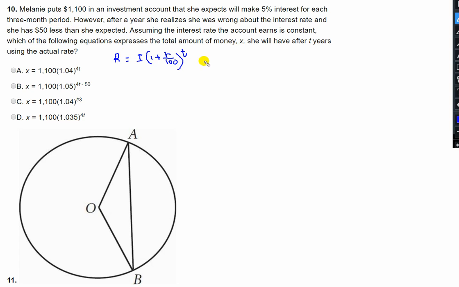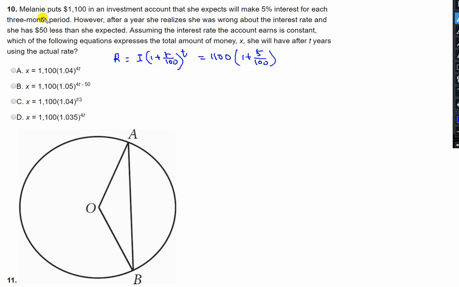Okay, now let's make the calculation based on 5% after 1 year. So this should be equal to the investment, 1100, times 1 plus 5 over 100.